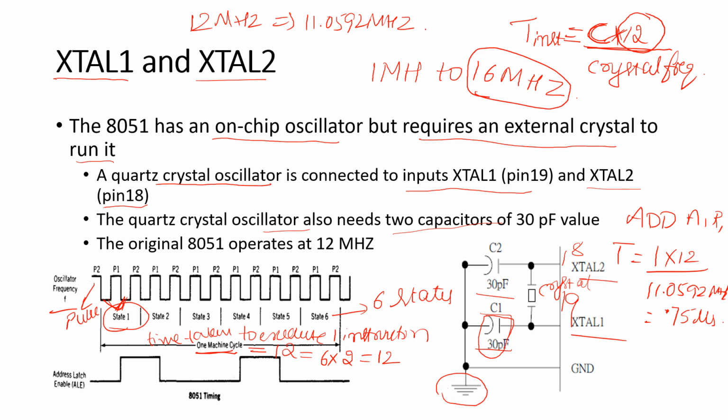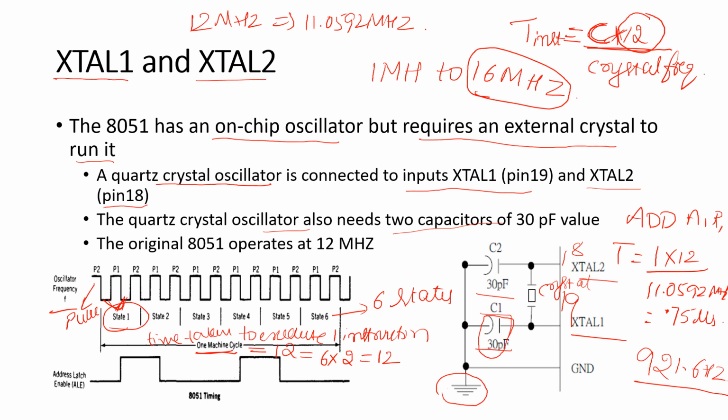Okay, so the 11.0592 megahertz crystal seems like an odd value, but it yields a cycle frequency of approximately 921.6 kilohertz, which can be divided evenly by the standard communication baud rates.